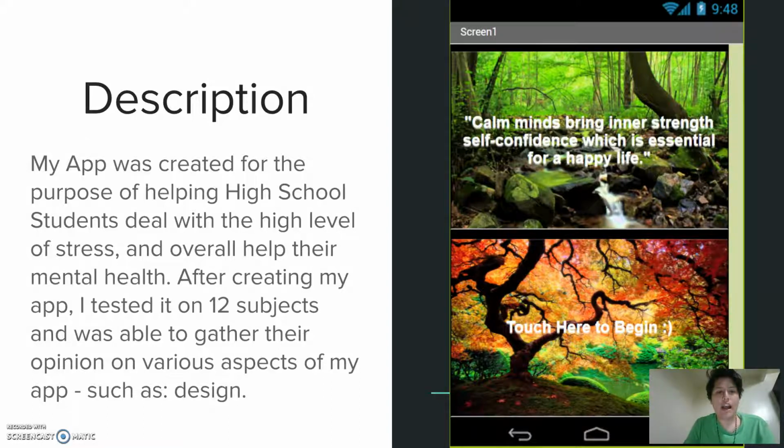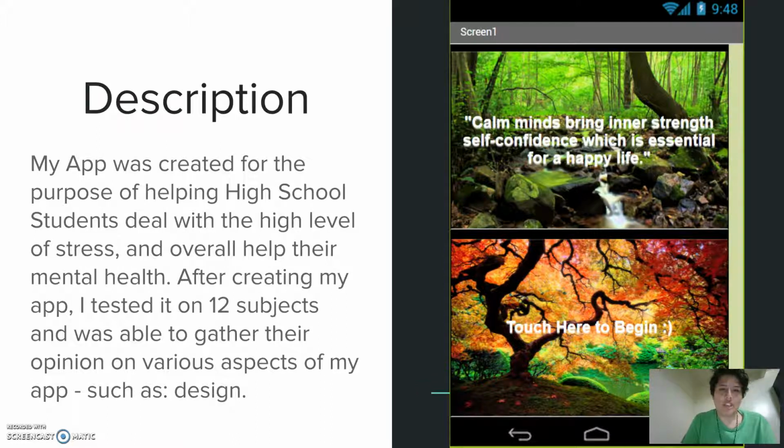So my app was a stress app that allowed the user to learn techniques in four different areas: auditory, olfactory, visual, and breathing techniques. You could call them therapies, and they would allow an individual to relax and feel more mentally healthy.